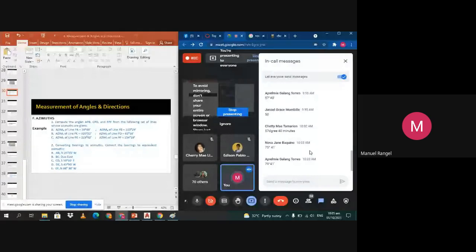Anyone can compute? So that you will not get lost, it is much better if you make a sketch or drawing of the directions. The reference is from south.